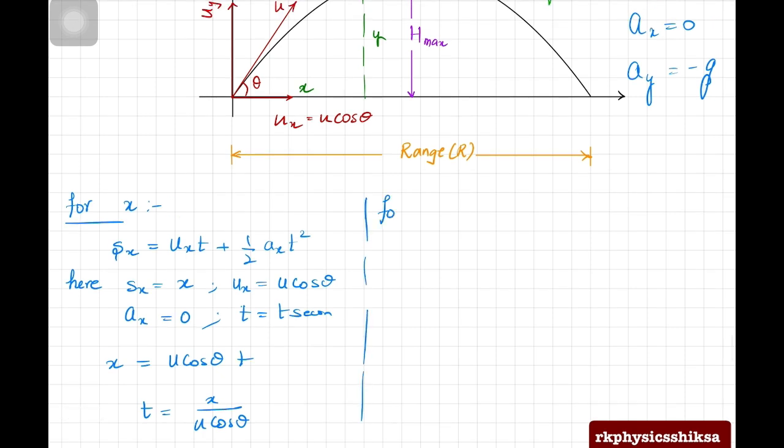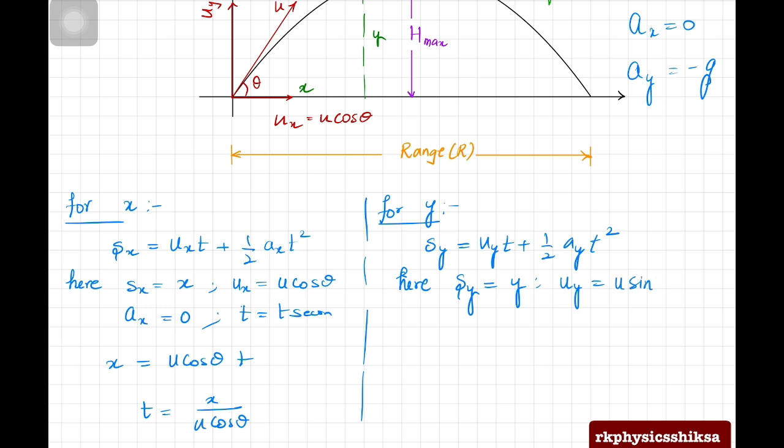Similarly, if I consider the displacement y, I use the equation sy is equal to uy into t plus half into ay into t square. Sy is the vertical displacement, which I have considered as y, and uy is the y component of velocity, which is u sine theta.